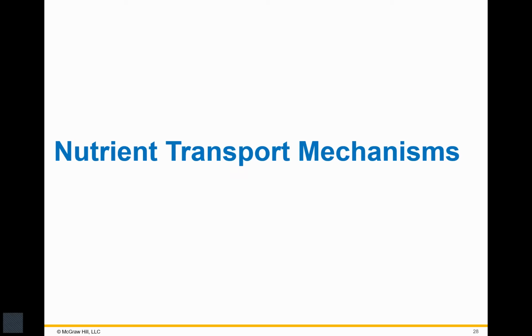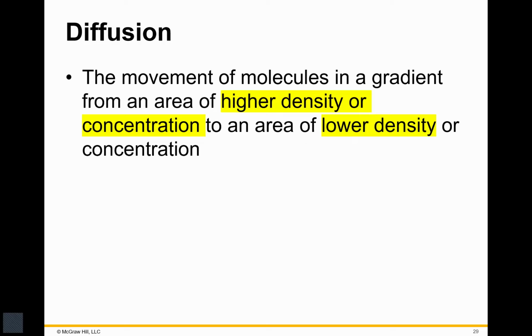Now, typically for microbes, when they obtain these nutrient sources, how do they transport them into the cell to be utilized? So we're going to look at 5 different transport mechanisms by which microbes are able to transport their needed nutrients into their cell. The first one we'll look at is diffusion.